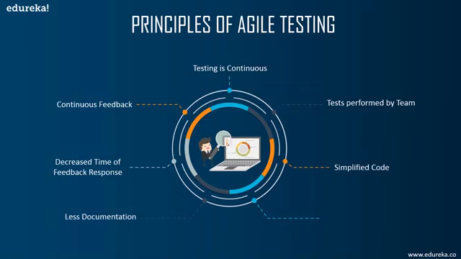Next is less documentation. Now, agile teams use a reusable checklist. The team focuses on the test instead of the incidental details. And finally, we have test driven. Now, in agile methods, testing is performed at the time of implementation, whereas in the traditional process, testing is performed after implementation. So these were some of the principles that are followed while performing agile testing on any software.